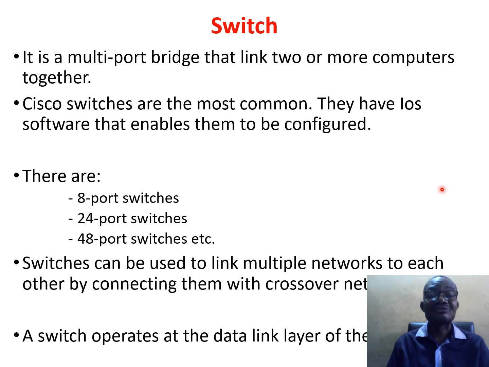Those two 48-port switches can be stacked by linking them together using a crossover cable. So we can now have about 96 ports, or let's say 94 ports, because two ports have been used. So we can have 94 ports available to connect computers to that network.